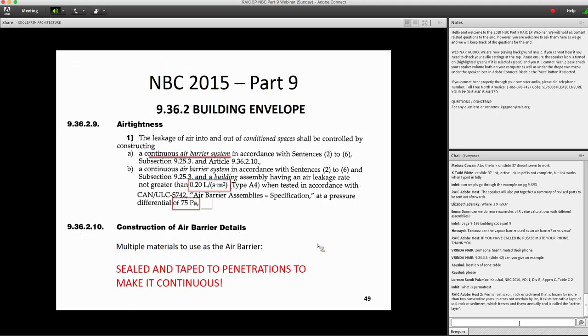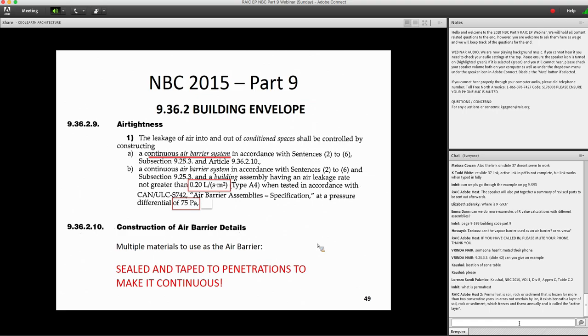So this is where you use a blower door test and where you can check what your air leakage is. The calculation in this case is required to be tested at 75 pascals. I'm not going to get into that again, but it's basically what I showed you on the table in the first half, and the process should be done with a blower test. So that's why we talked about that before.